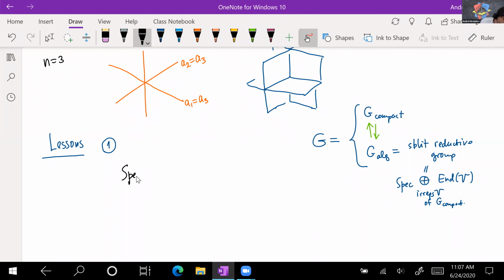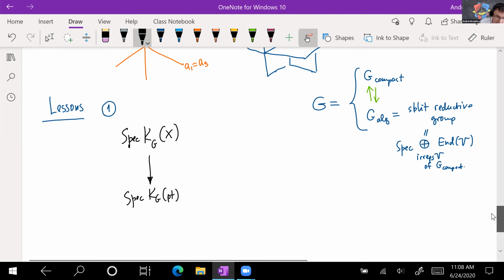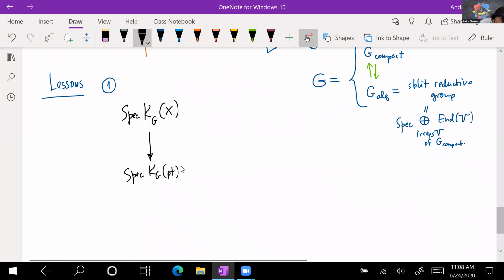If I take the spec of the equivariant K-theory of X, this sits over the spec of the equivariant K-theory of a point. But this is a spectrum of conjugation invariant functions. Conjugation invariant functions are the same as the characters of representations.